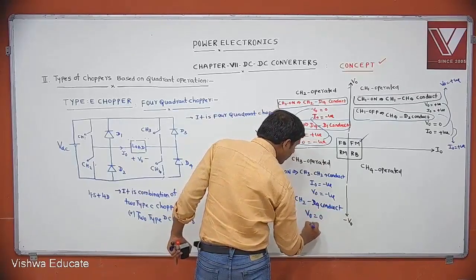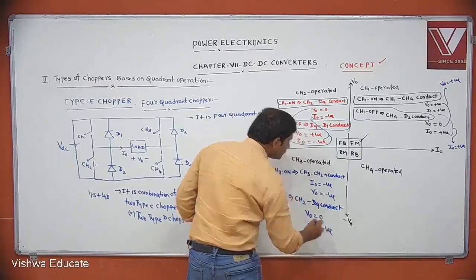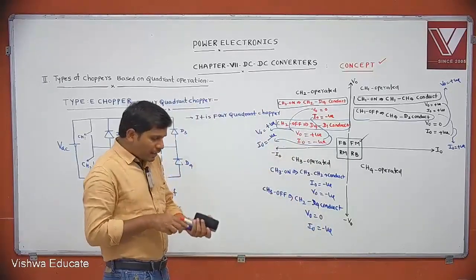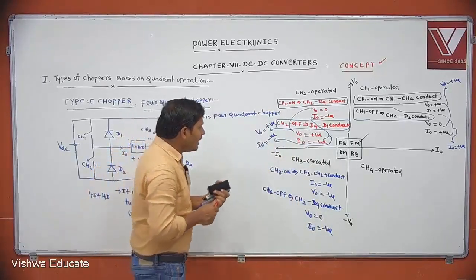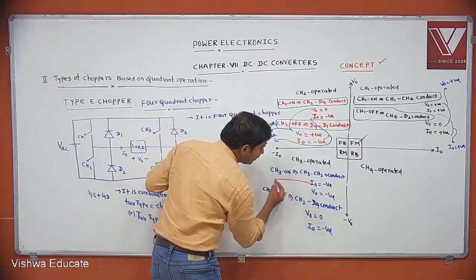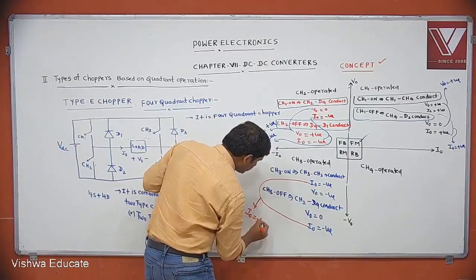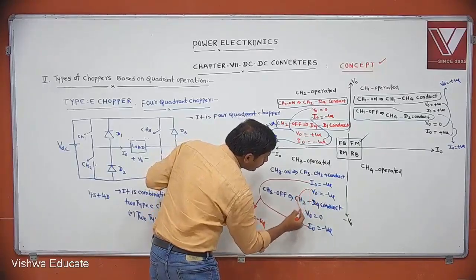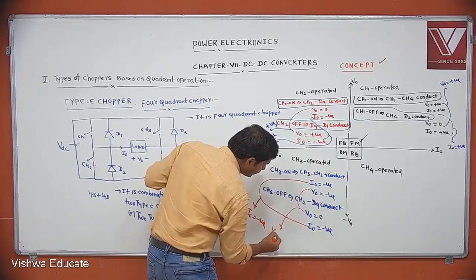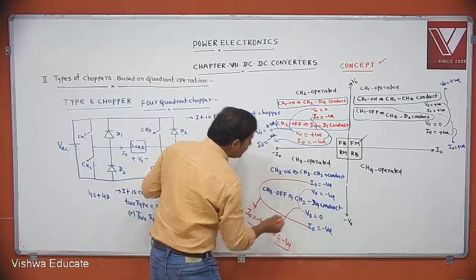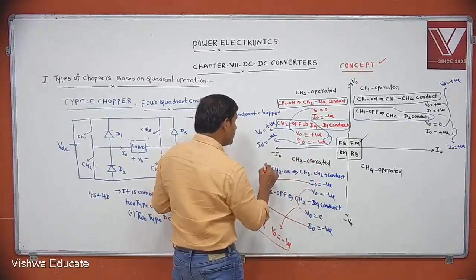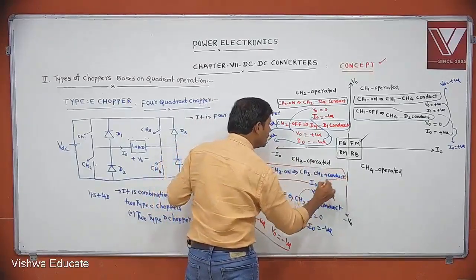V0 is 0. I0 negative. Resultant I0 is negative. Resultant V0 is negative. I0 negative, V0 negative. Which quadrant? Third quadrant. Like this, these devices will operate in the third quadrant.